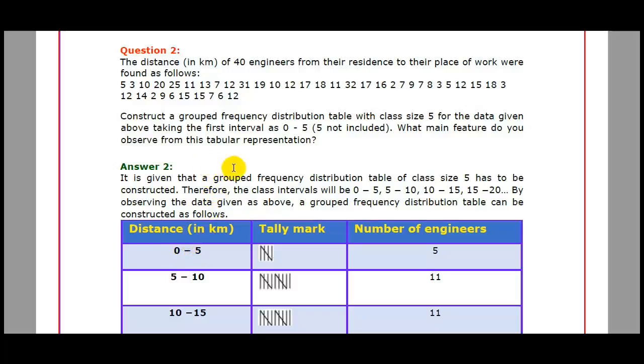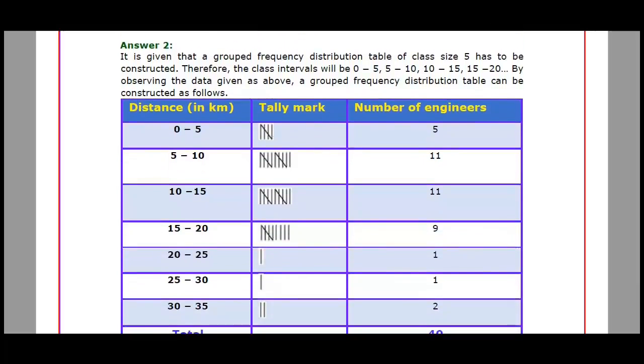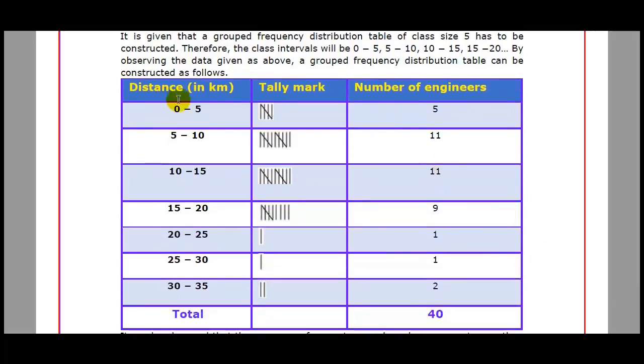So you can construct your group frequency distribution table by making three columns like this: distance in kilometers. To make it easy for you, let us include the tally marks and number of engineers.